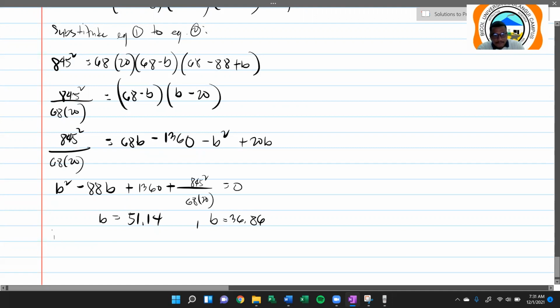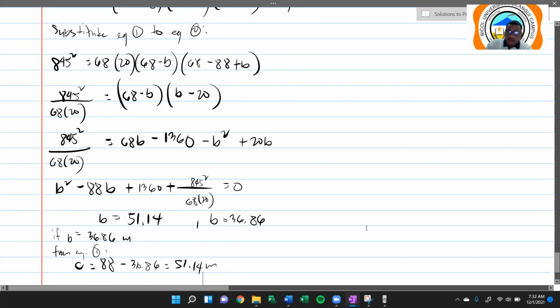So if B equals 36.86 meters, from equation 1, our C is equal to 88 minus 36.86, which is equal to 51.14 meters.